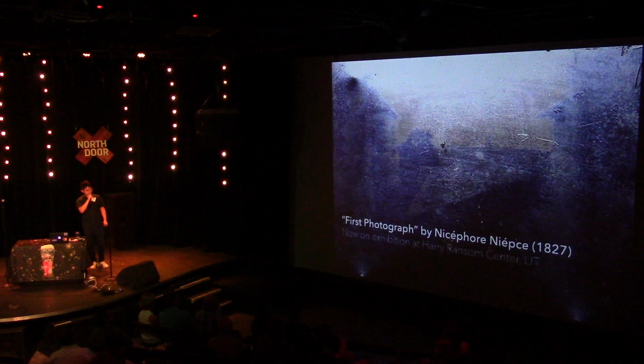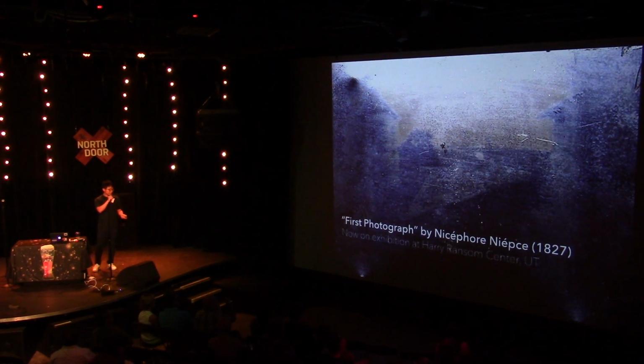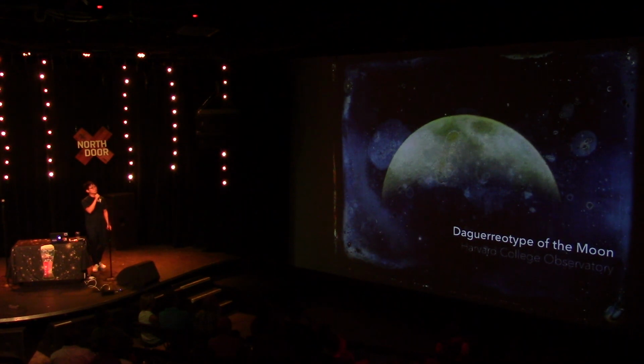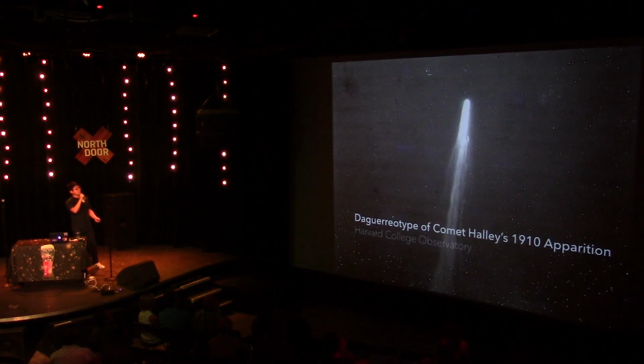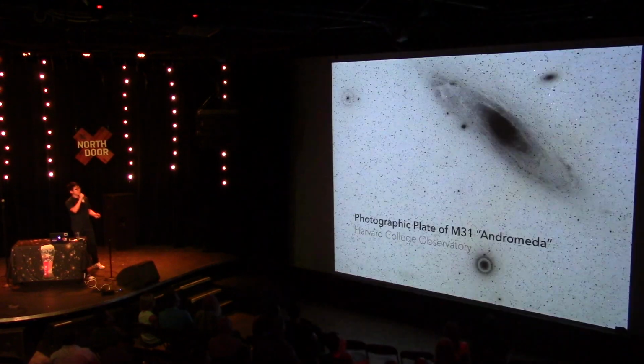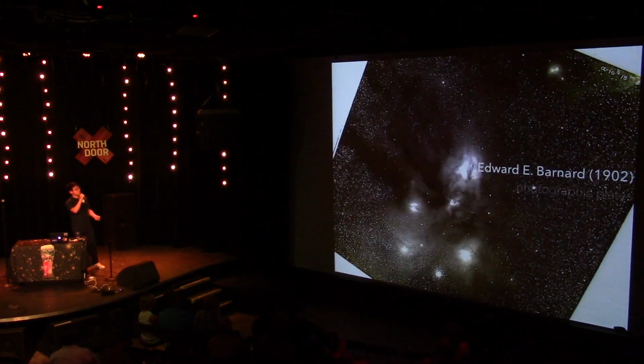Right, so only after the first half of the 19th century were astronomers able to record celestial objects as well as celestial events, as shown in these daguerreotypes, or one of the photographic plates in the early times.